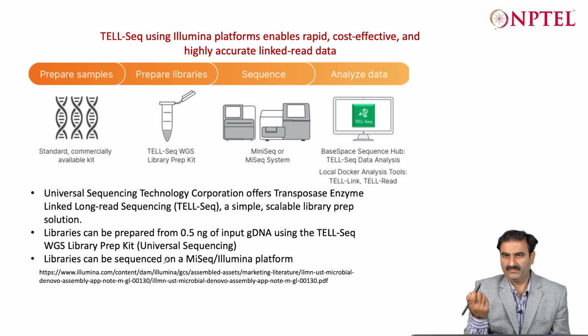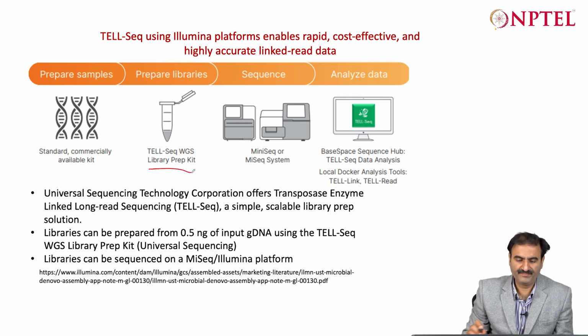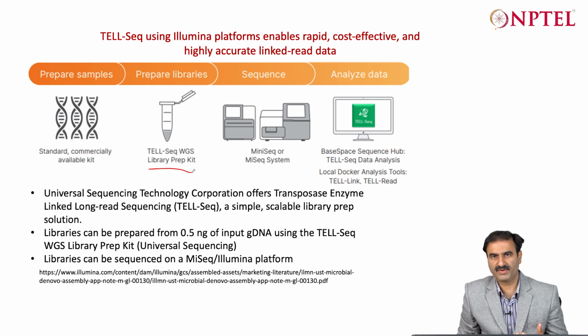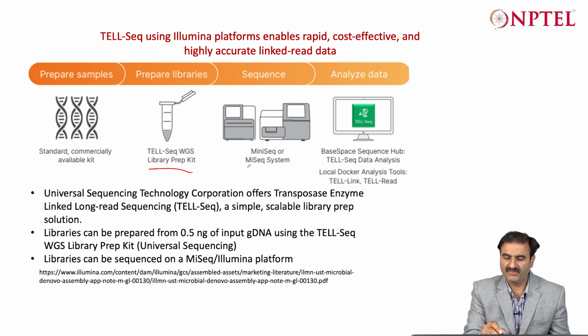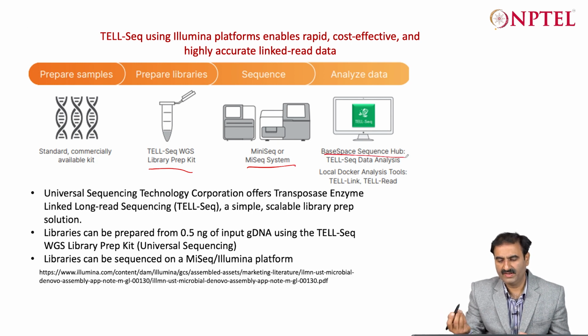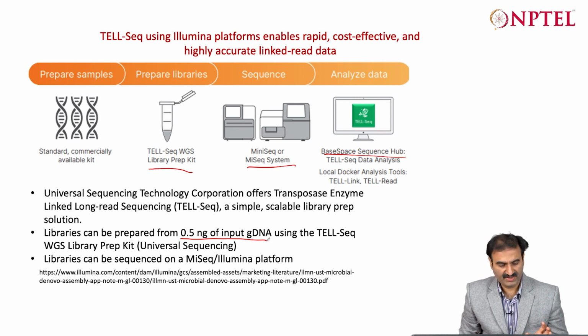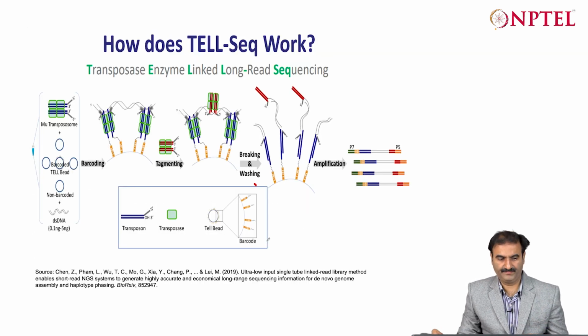The Tell-Seq WGS library preparation kit is available, which produces linked reads by the Tell-Seq method, which uses a transposase enzyme to construct these linked reads. They can then be sequenced by any of the Illumina platforms, including MiniSeq, MiSeq, NextSeq or NovaSeq, but iSeq I think cannot be used for this, and then the analysis can be done at BaseSpace. The advantage of this one is that even 0.5 nanogram of input DNA is sufficient for Tell-Seq technology.